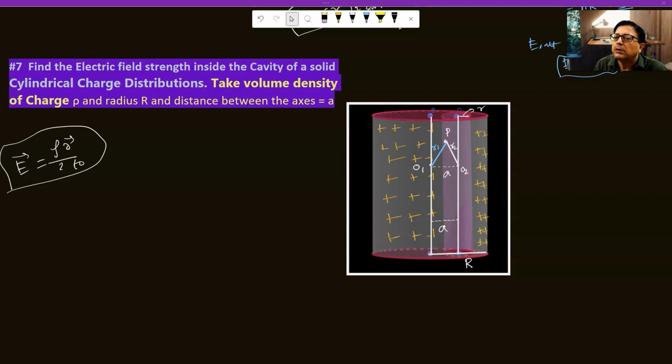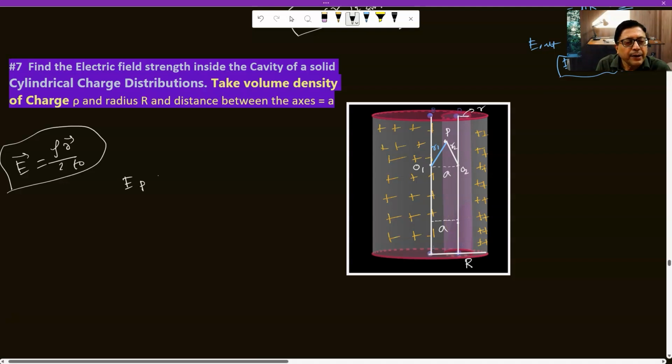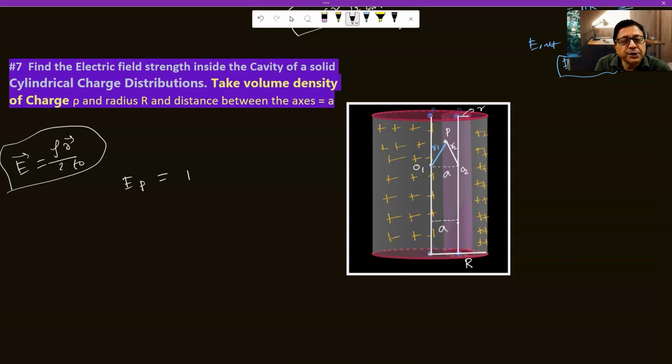Now, the electric field at P, we are using the superposition principle. This is equal to EP due to the first cylinder plus EP due to the second cylinder, whose volume density is minus rho. EP1 has volume density rho.